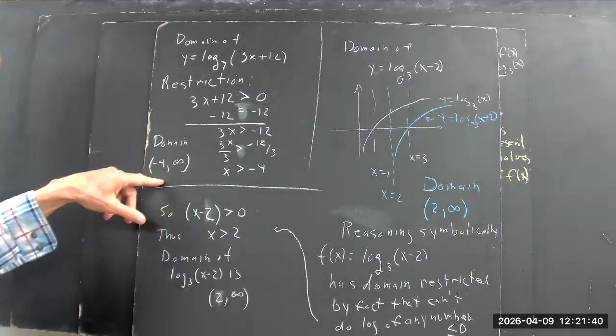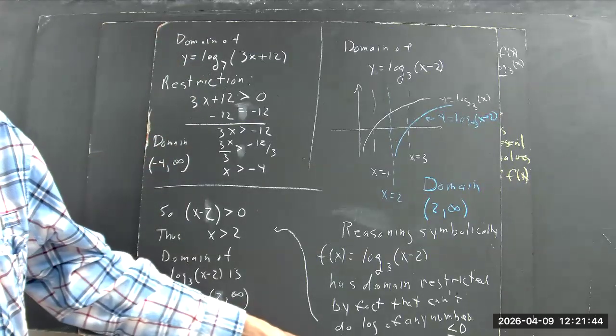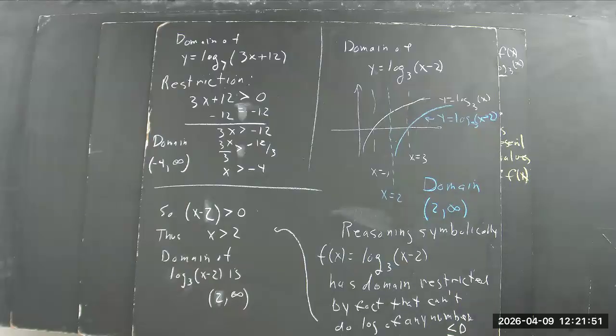So the domain is the interval (-4, infinity). Okay, you're going to see questions like that. Shouldn't have any trouble with them.